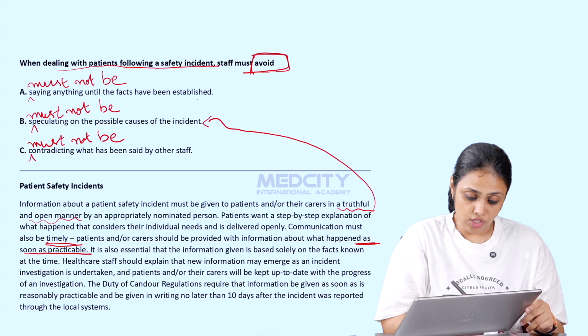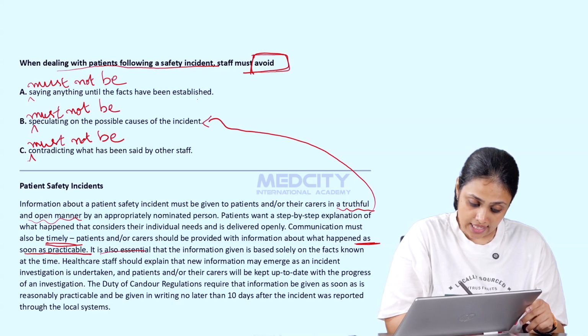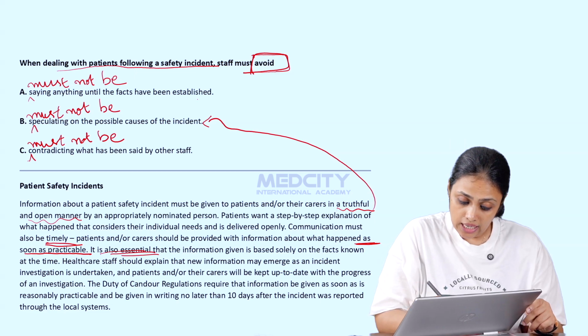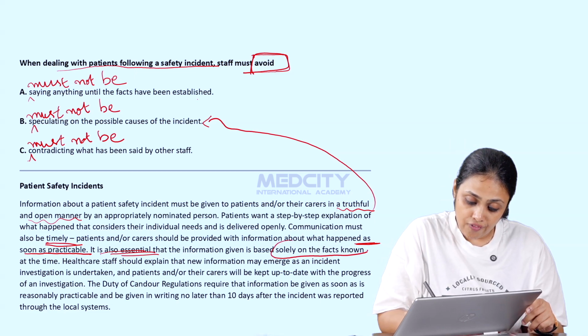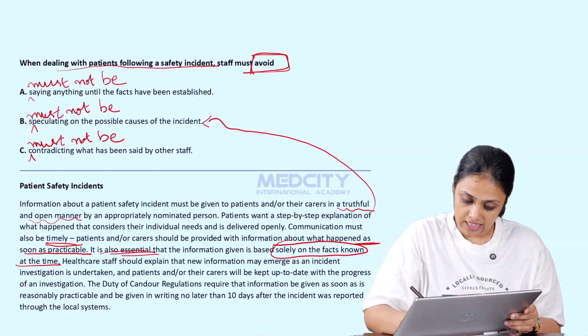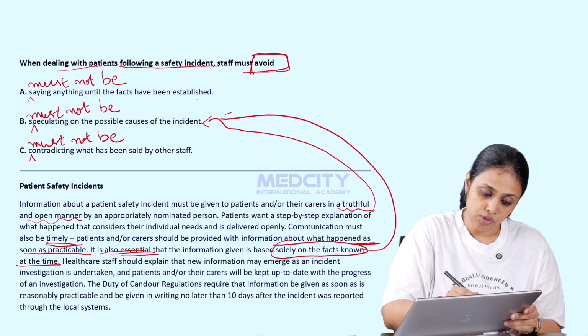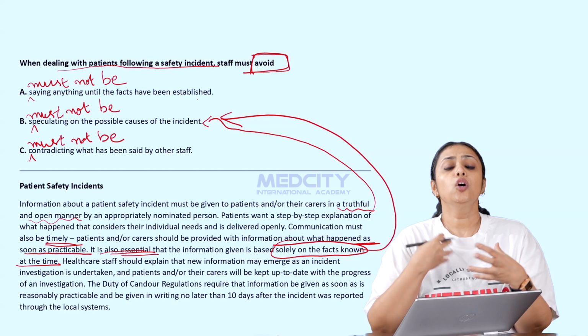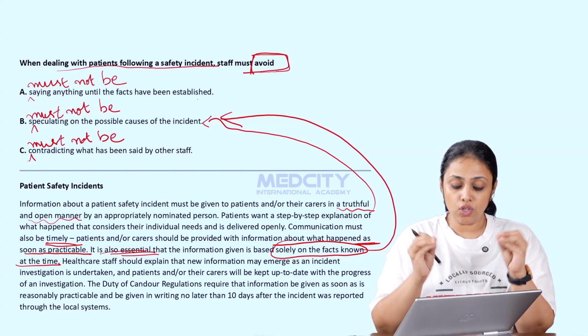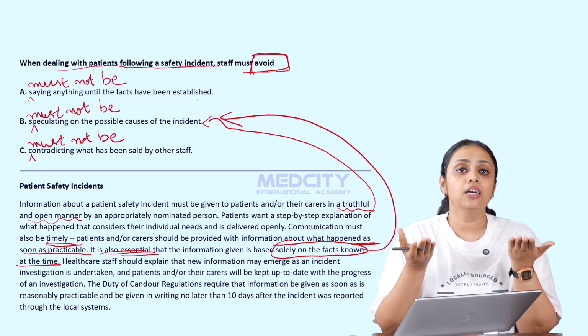It is also essential that the information given is based solely on the facts known at the time. So this again directs us towards this option. This again says that when you're giving out information to the patient, you should be providing it only based on the facts that are available at that time.